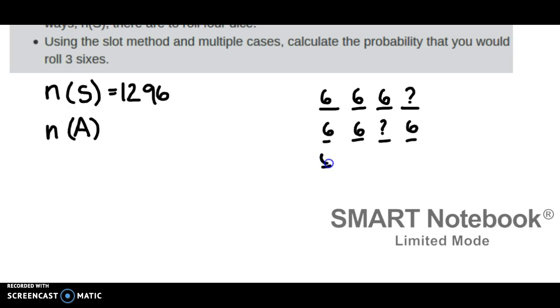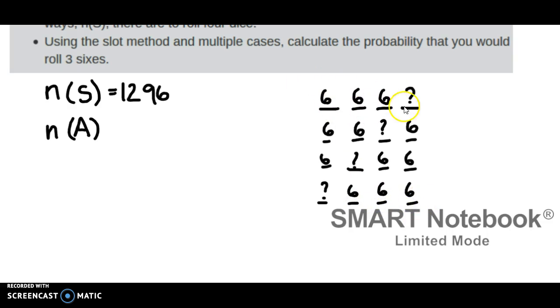We could get a 6, then something other than a 6 on the second roll, then 6 and 6 again. And there's one more way this can happen. We could get the not-a-6 number on the first roll, and then 6 on the second, 6 on the third, and 6 on the last. So there are 4 different cases.